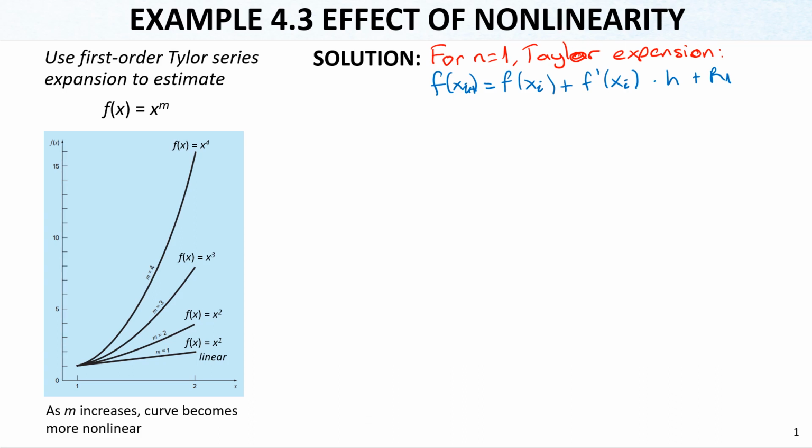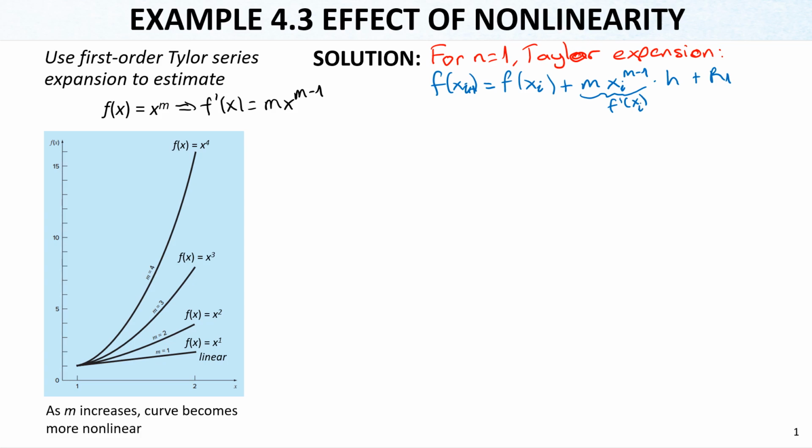And let's find the derivative. If the function is this, then the derivative is m times x to the m minus 1. Let me erase this and write down the derivative so that we can continue with it. m x_i to the m minus 1, which is f'(x_i).